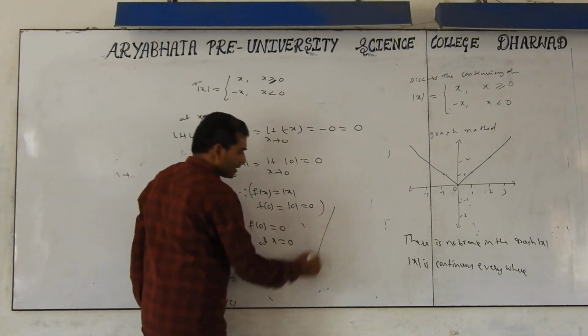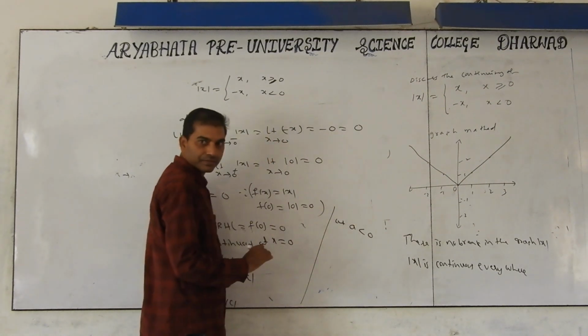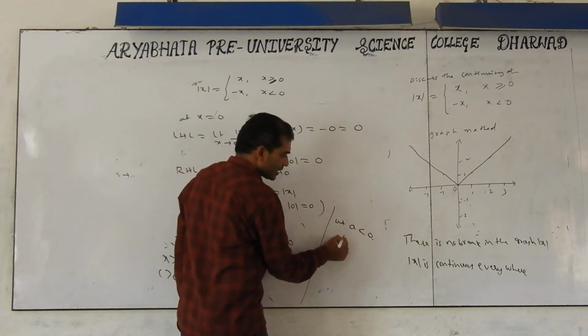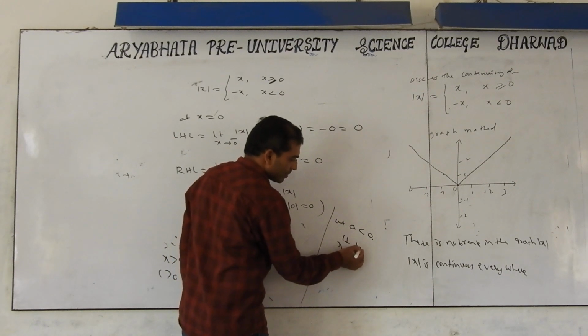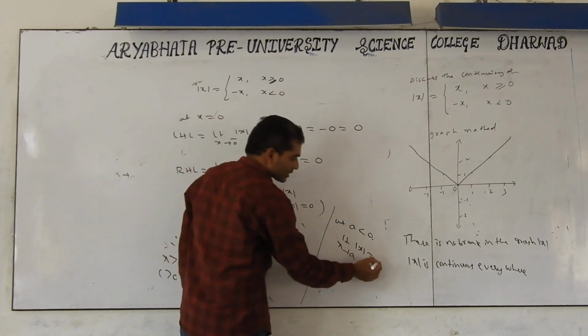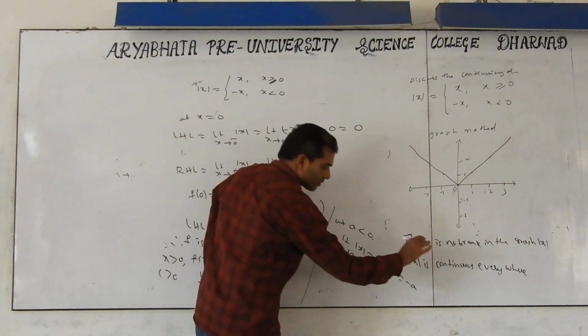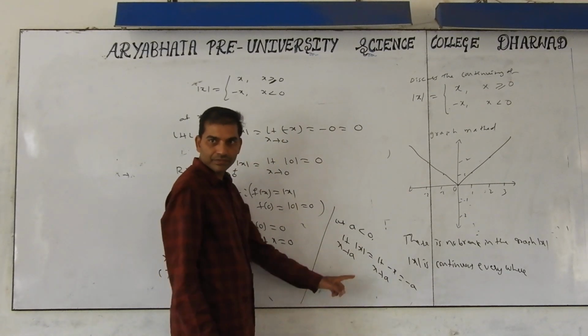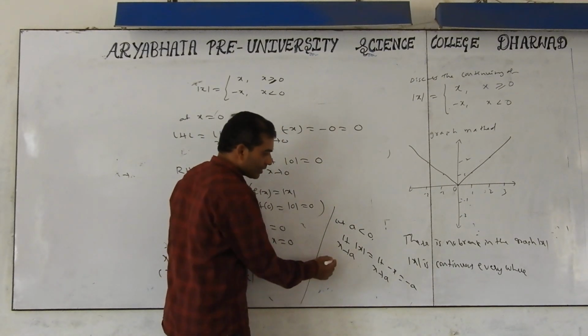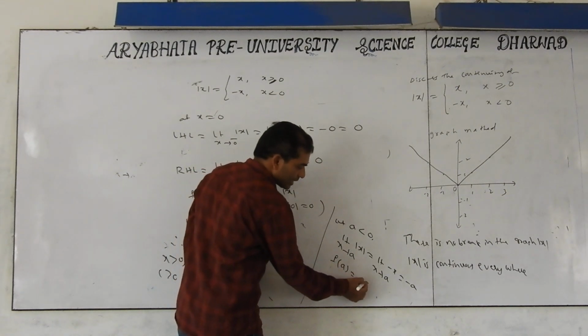Next, similarly, let another point a be less than 0, a belongs to R. Then limit of x tends to a of mod x, for x less than 0, is minus x. So the limit is minus a. And the function value f of a equals minus a.